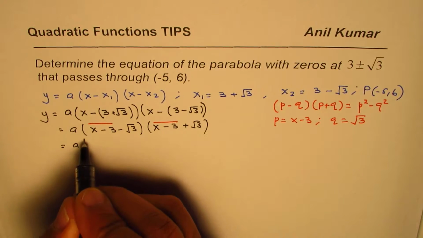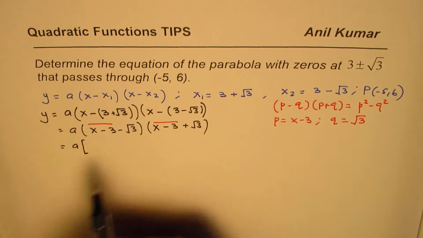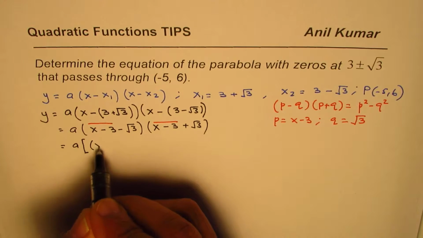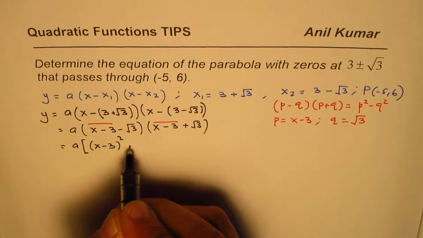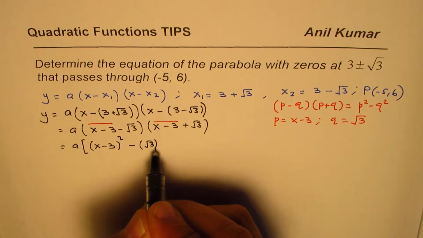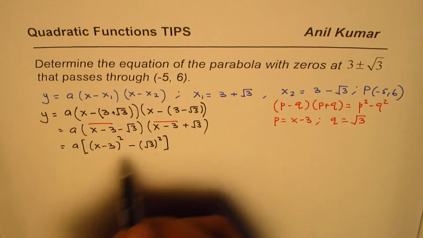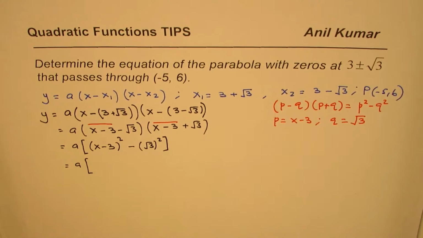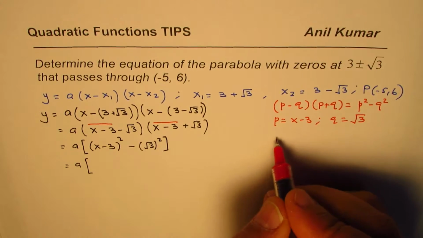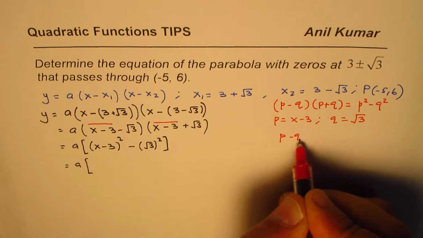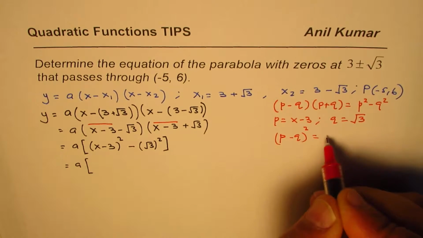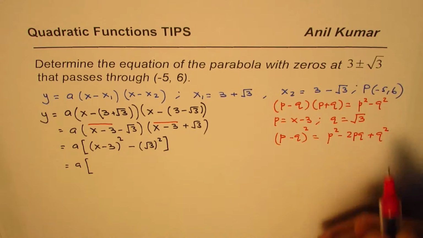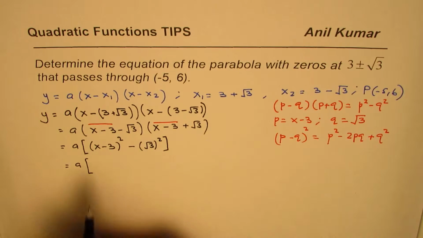So we get a times, and we use square brackets since we have two types of brackets involved, this square minus that square. That is (x minus 3) whole square minus square of square root 3. So let's expand this further to simplify. Now we'll apply the second formula, which is (p minus q) whole square equals p square minus 2pq plus q square, correct? So let's apply this formula and expand it.